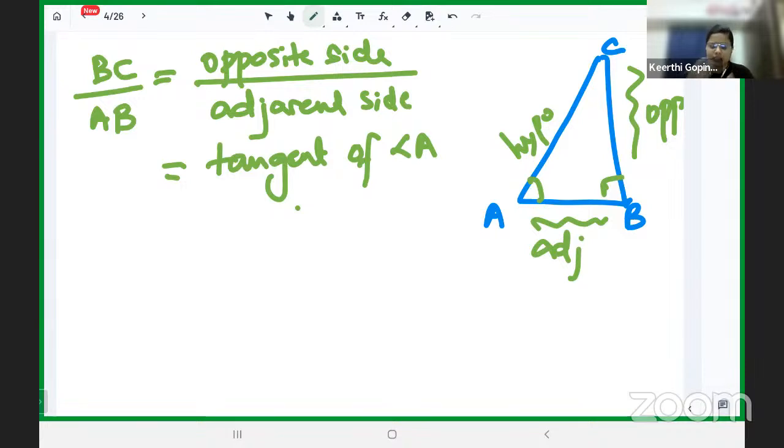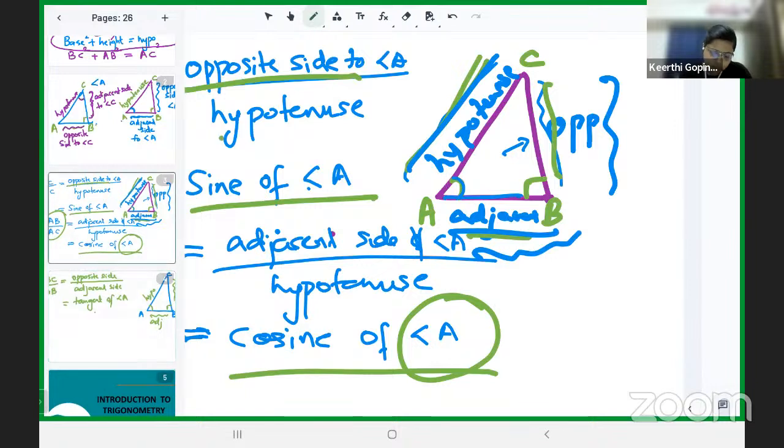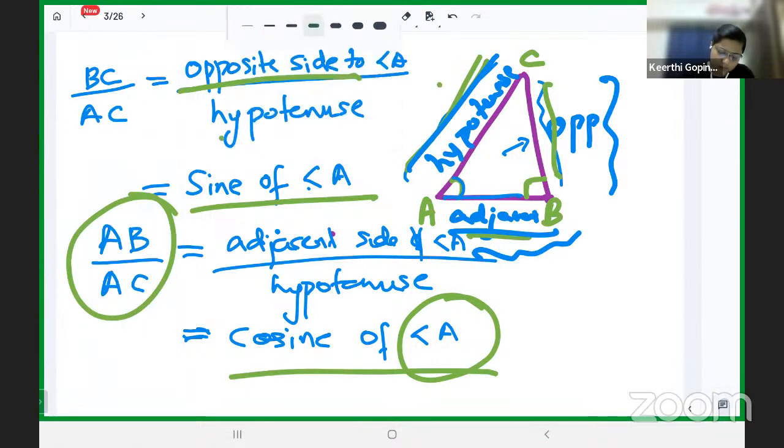Now we are going to consider the reciprocal of all these, that is, we are just reversing all those. First of all, if you reverse sine, what will happen? Sine of angle A is opposite side by hypotenuse. So what if we consider hypotenuse by opposite side? That is another ratio.